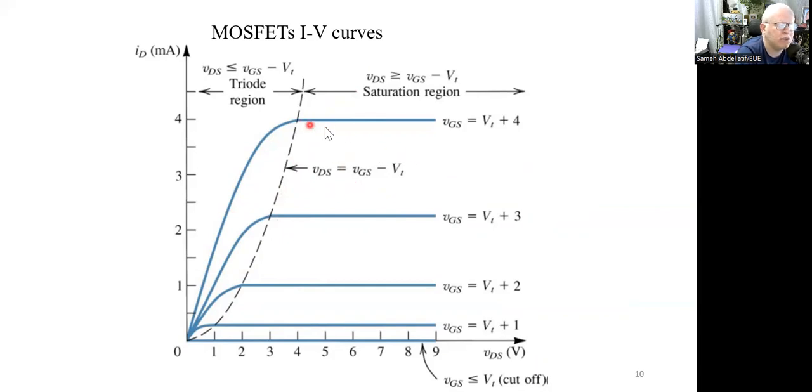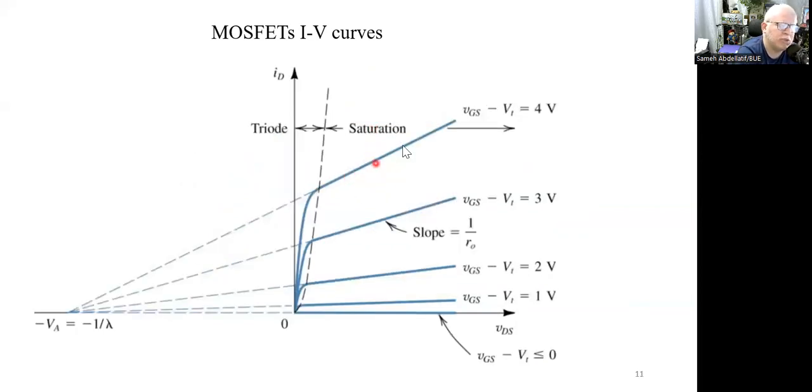When you keep increasing the VDS, your current is still clipped. Of course, you as an expert in this field know that this is the ideal characteristics for a MOSFET. However, the real characteristics show some output resistance with a slope, as you can see in this graph, where this slope indicates 1 over the output resistance of a MOSFET.